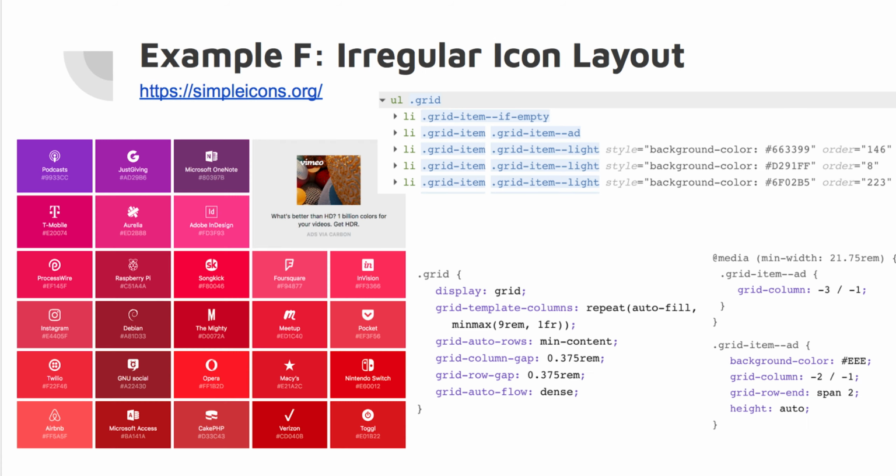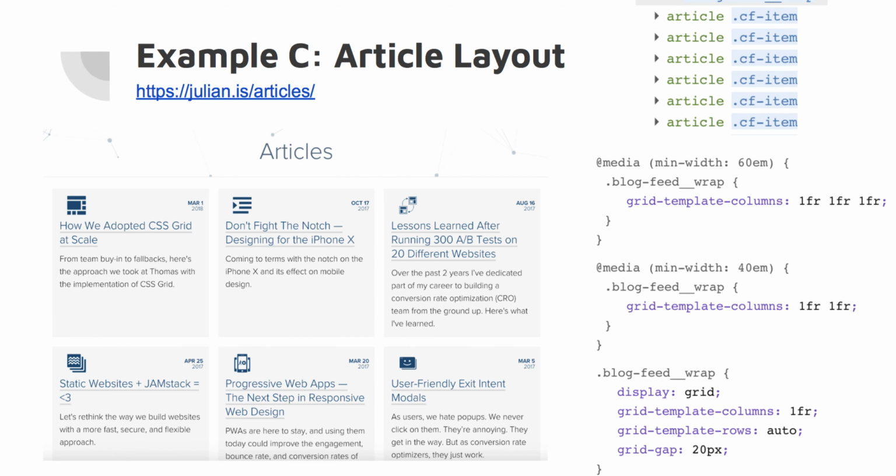Whereas in example C, you're directly hardcoding the number of columns that are displayed, in example F, you're coding as many columns as possible within the given range, given a consistent item width of at least 9 REM and at most 1 fractional unit.